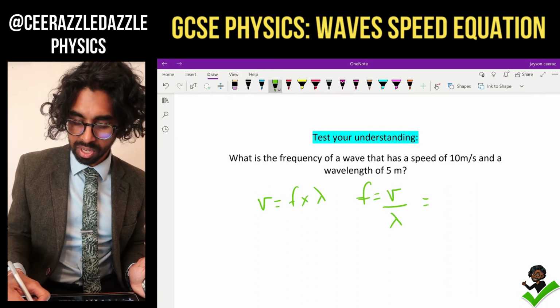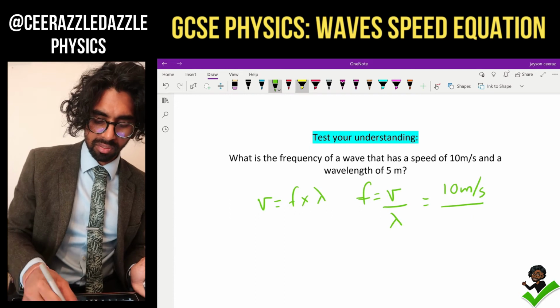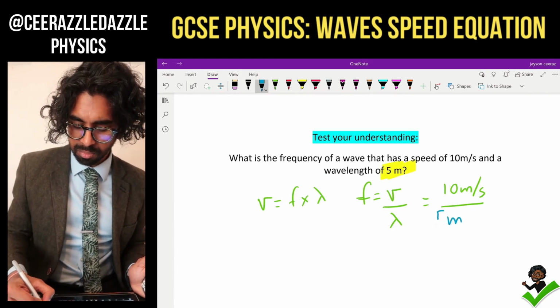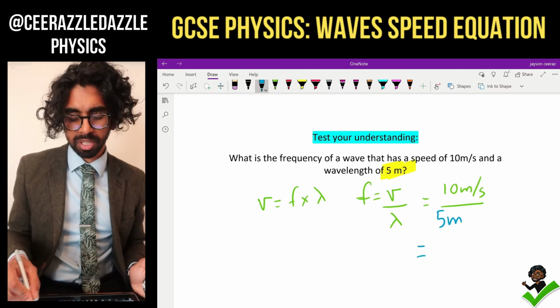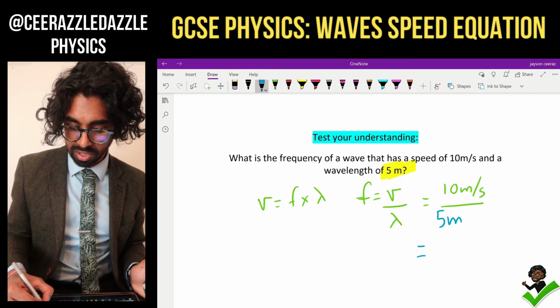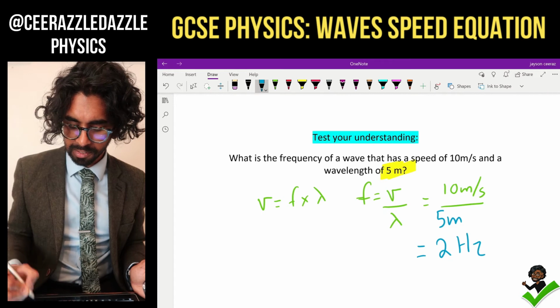Right, so what is the speed of the wave? It's 10 meters per second. What's the wavelength of the wave? It's over here. It's 5 meters, not meters per second, just 5. So 10 meters per second divided by 5, the answer is going to be 2 Hertz.